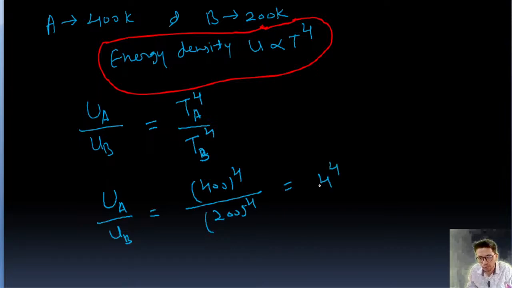Simple calculation. So this is going to be 4 to the power 4 upon 2 to the power 4, because it is 400 upon 200. So 4 times 4 times 4 times 4 and 2 times 2 times 2 times 2, and this value is going to give 16. So this is the ratio of UA upon UB, equation number 1.